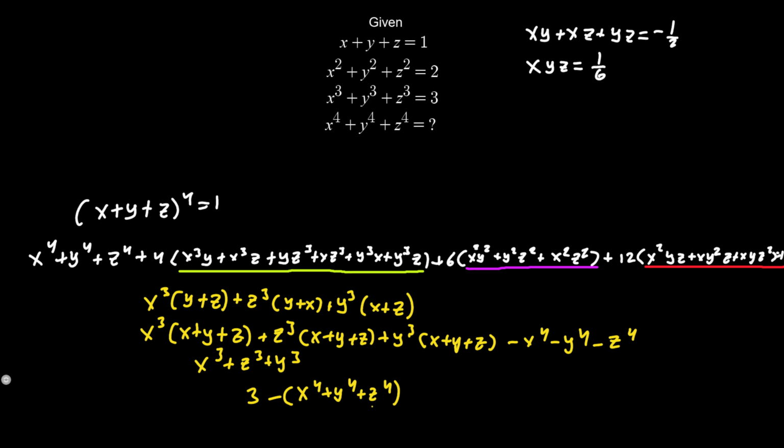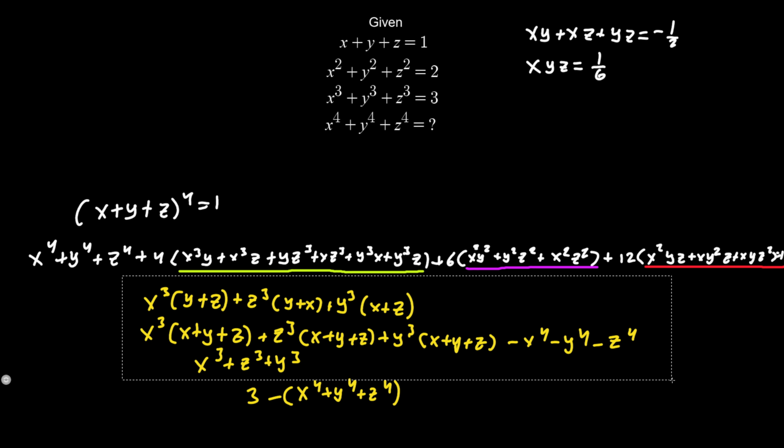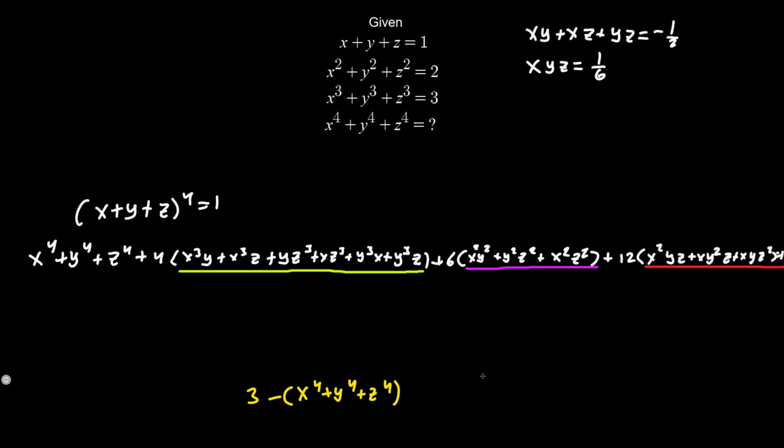So we already managed to simplify our expression a bit. We're going to have it all multiplied by 4, which is going to be 12 minus 4x to the 4 minus 4y to the 4 minus 4z to the 4.